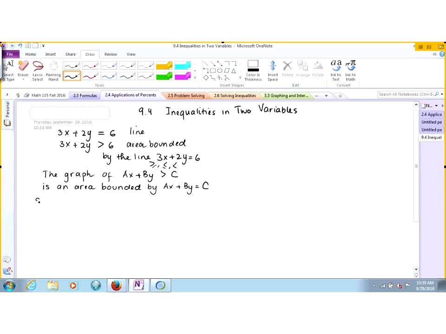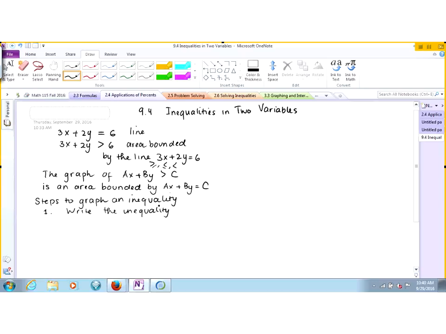Now, how do you do it? So steps to graph an inequality in two variables. So number one, write the inequality. Well, it's already written, actually.